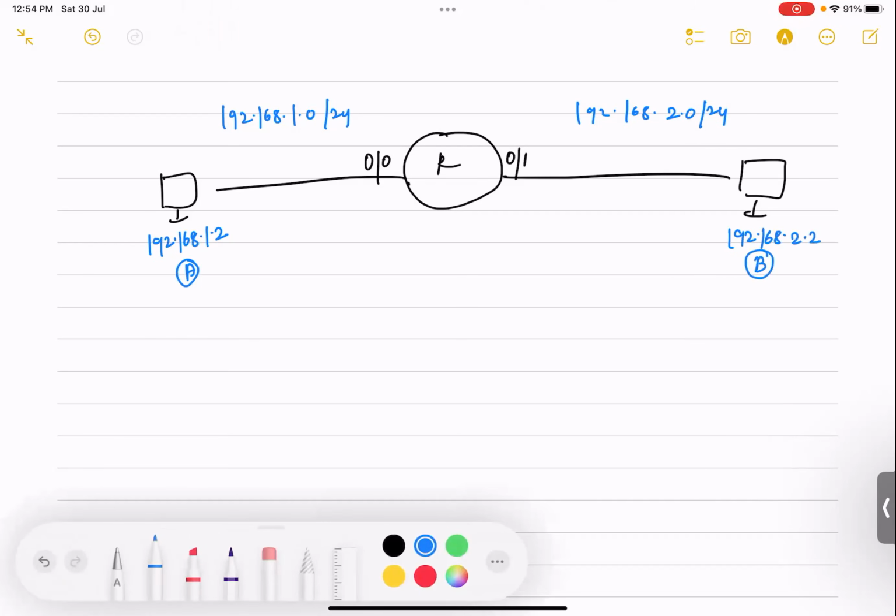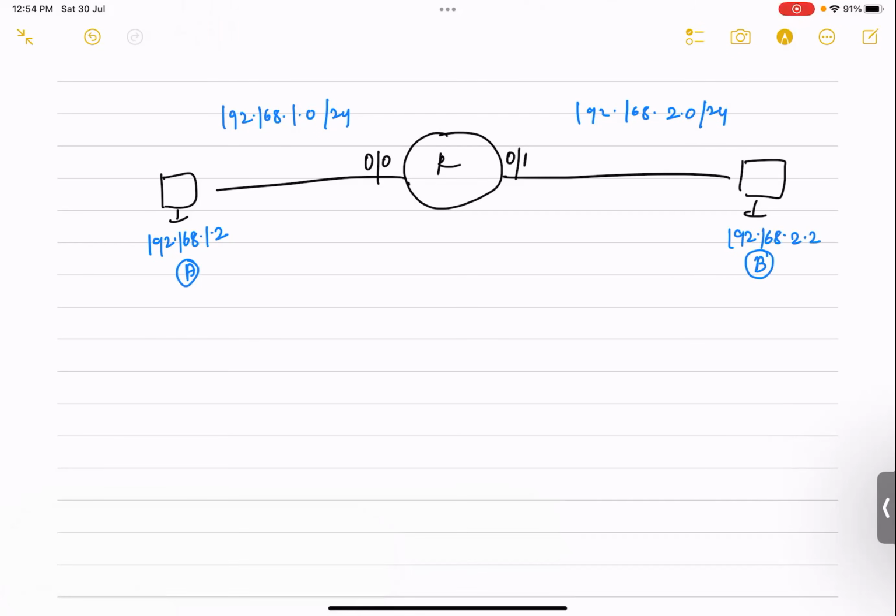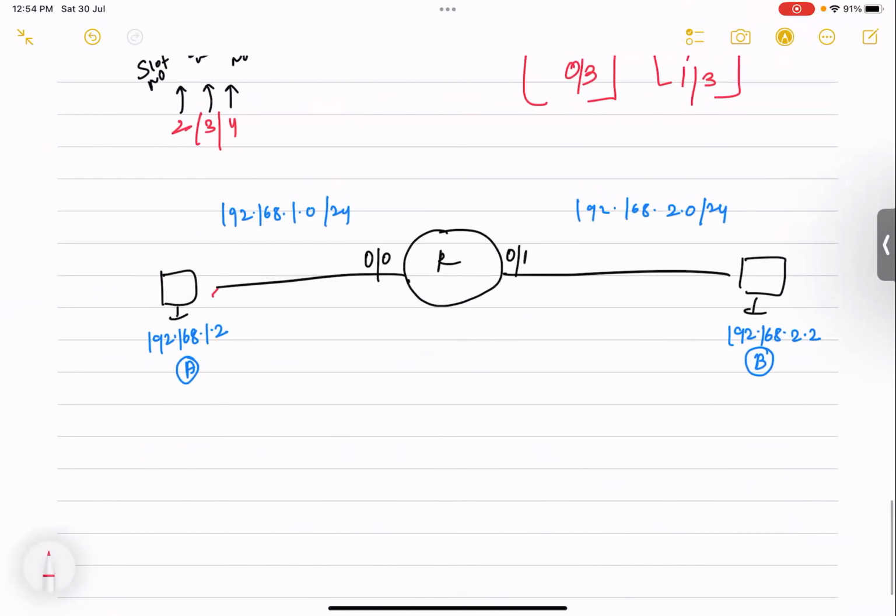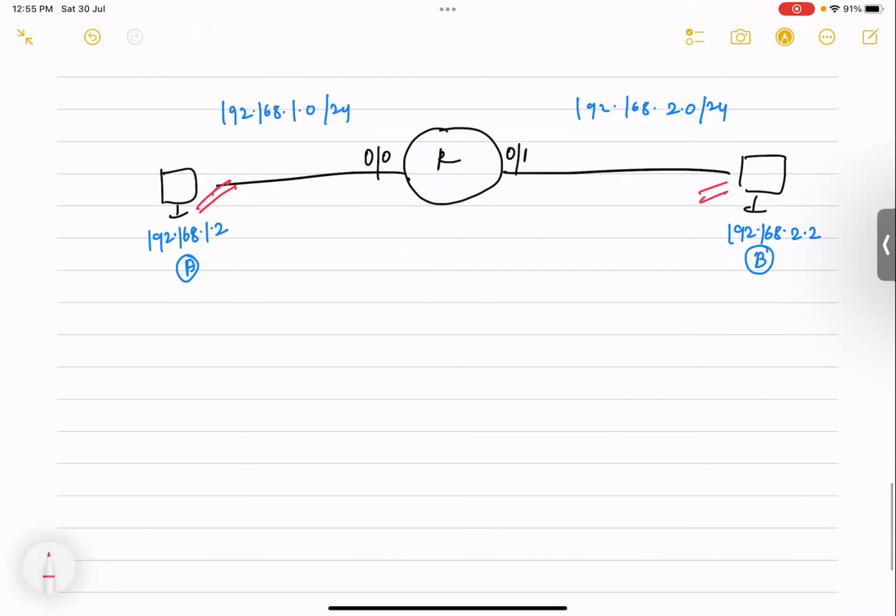My question is, is communication possible from this user to that user? If this user tries to communicate, open the CMD and write the ping command.